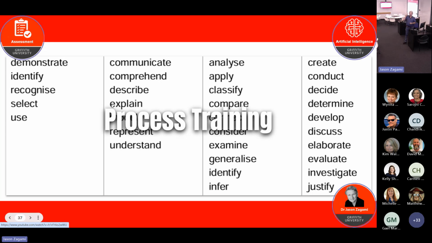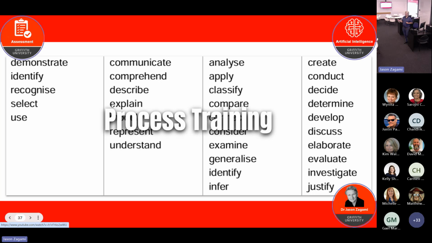Now, in schools, they've gone even further. They've got what are called cognitive verbs. There's about 20 or so of these, and students are trained to generalise, or to develop, or to elaborate, or to evaluate. And they receive specific training throughout all their courses, and then they're assessed on their ability to do these things. But there's one big problem.